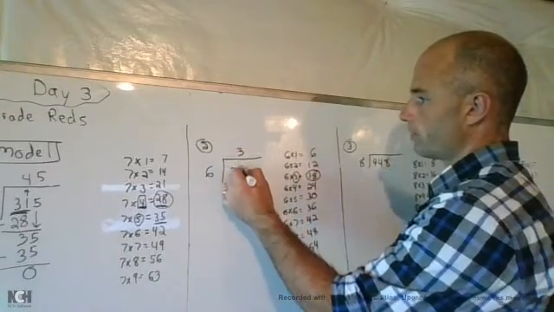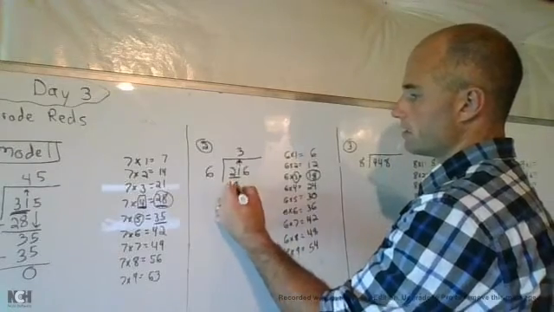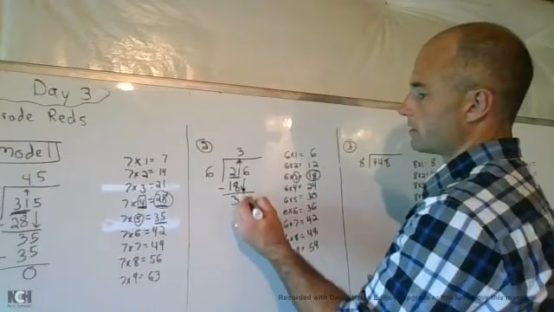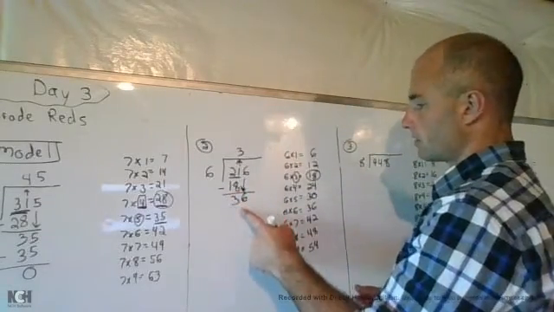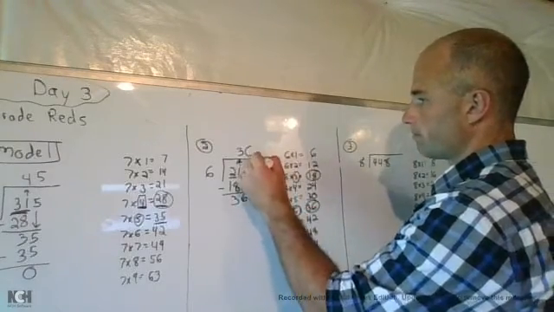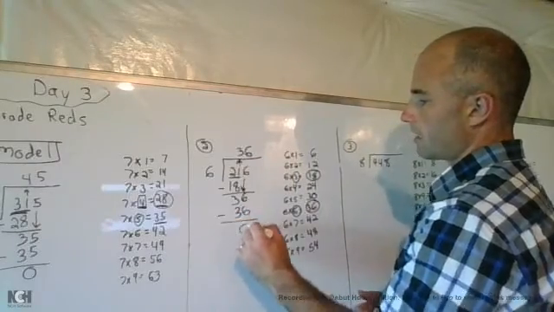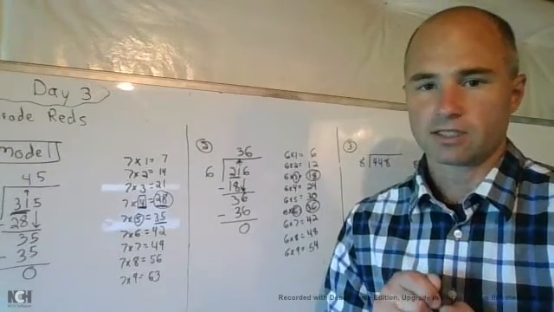So I'm going to put the 3 above the 1 from 21. 3 times 6 equals 18. I'll subtract to get 3 and bring down my 6. Now I have 36. How many 6s go into 36? 6 of them. 6 times 6 equals 36. I subtract. I have nothing left over, nothing to bring down, giving me a solution of 36.